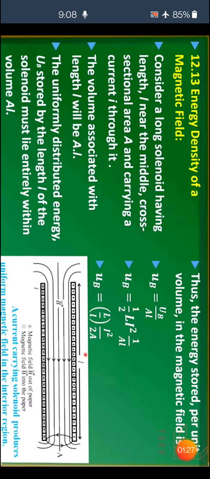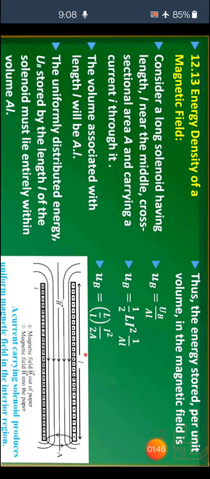Thus, the energy stored per unit volume in the magnetic field is small ub equal to UB upon Al.